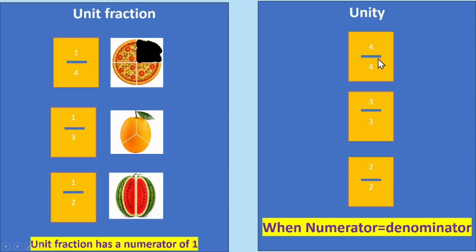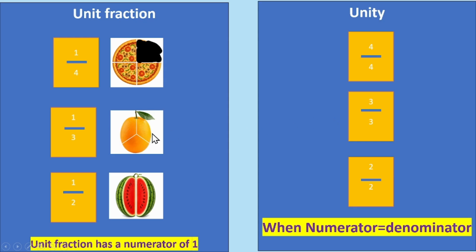This is the unity. If the numerator equals the denominator, this will equal 1 or unity. Let's take another example. If I ate the 3 parts of this orange, I ate 3 parts of 3 parts.